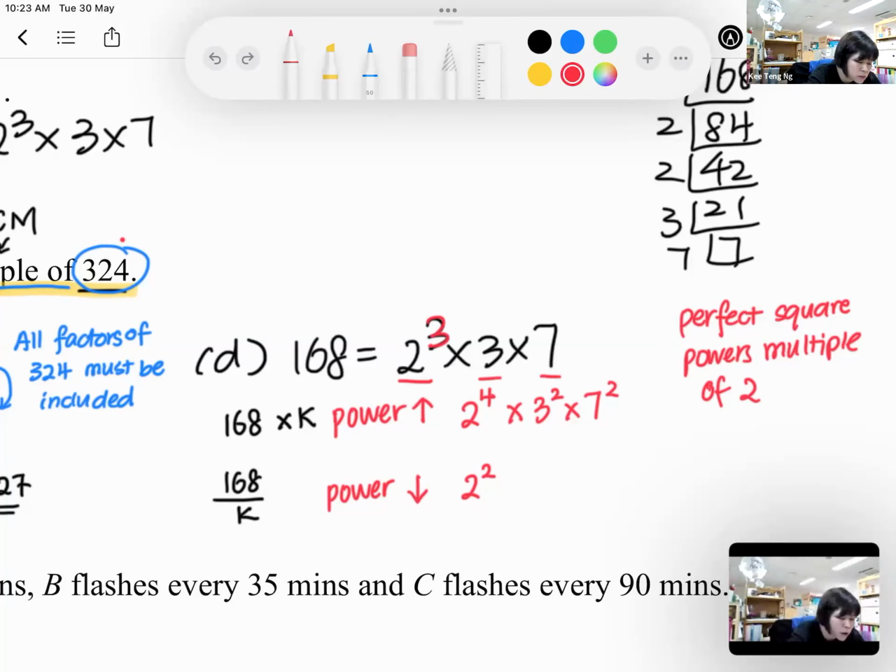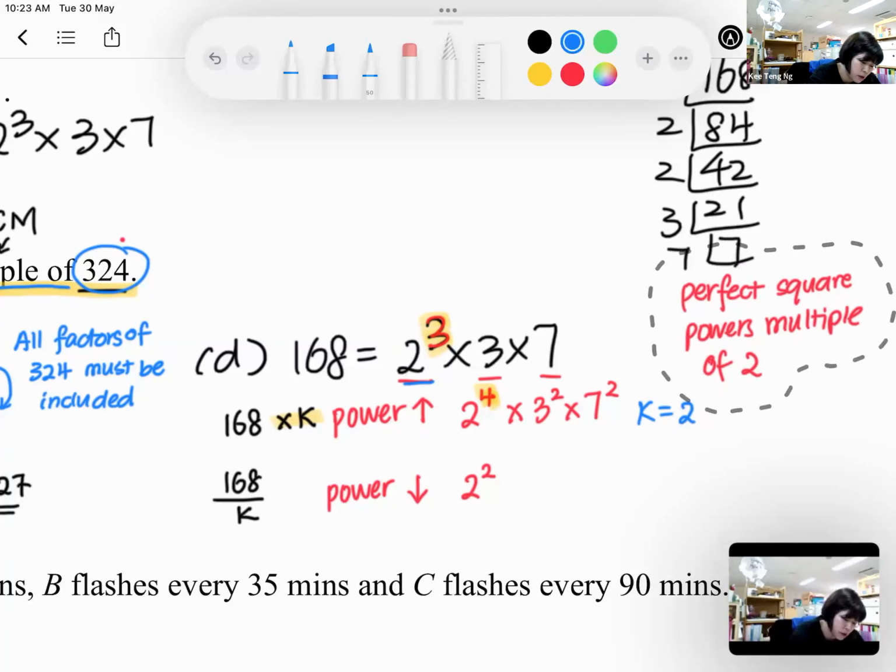But what is the value of k? This is 2 to the power of 3. How do I change it to 2 to the power of 4? I multiply by 1 more power, so my value for k will be 2, times, this is only 3 to the power of 1.